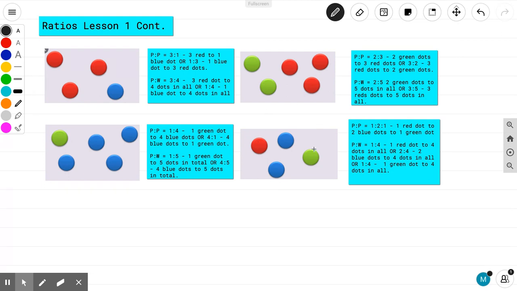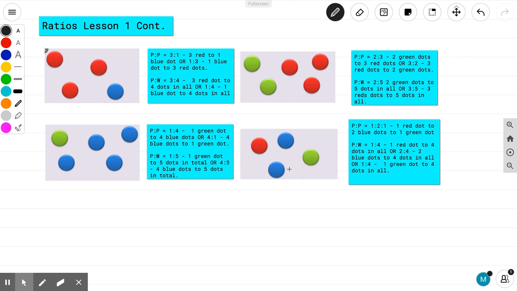You also could have said 1 to 2 to 1, but 1 green to 2 blue to 1 red. You could do 1 to 1 to 2. It's like a tongue twister. So you could say 1 red to 1 green to 2 blue. There are many ways that you could have set this one.